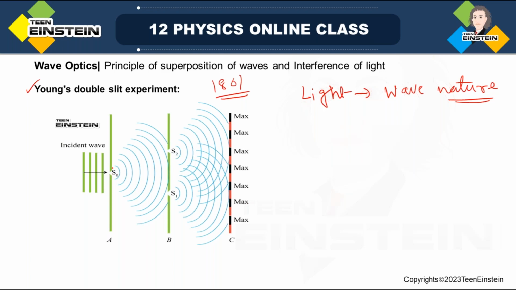He had taken a point source, a sodium lamp, and then this is a kind of cardboard. He made a very tiny hole, a pin hole, over here. So sodium light can easily be found with a single wavelength, or monochromatic sodium light, we can say.